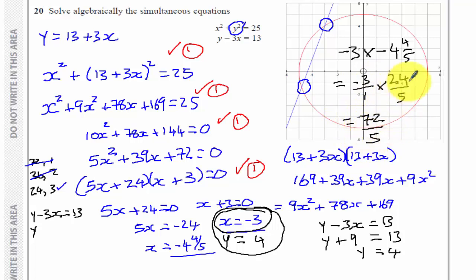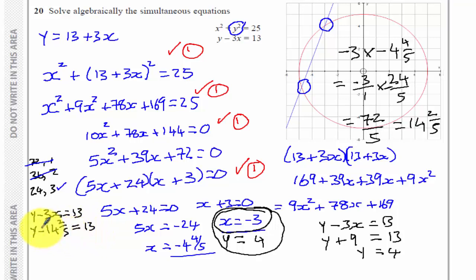Over 5. Should be negative there. I've got a negative multiplied by a negative, which is a positive. 72 over 5 is going to be 14 and 2/5. 5 10s are 50, 5 4s are 20. Yep, so that's 14 and 2/5. So y minus 14 and 2/5 equals 13.